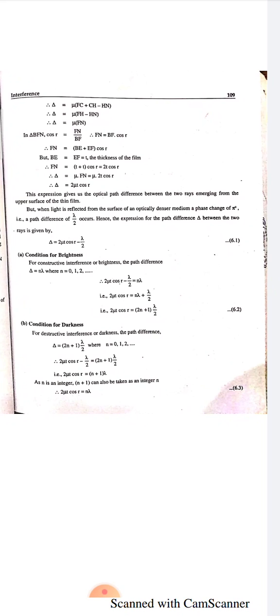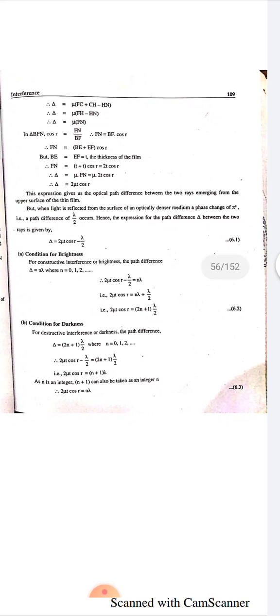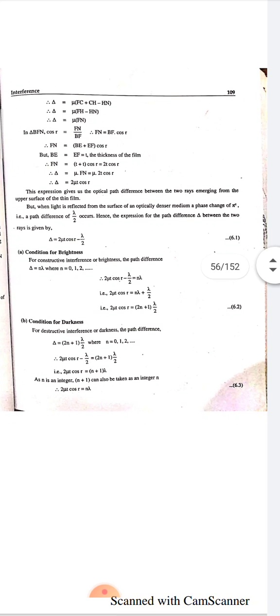But when the light is reflected from the surface of an optically denser medium, a phase change of pi radian, that is a path difference of lambda by 2, occurs. Hence the expression for the path difference delta between the two rays is delta equal to 2 mu t cos r minus lambda by 2.